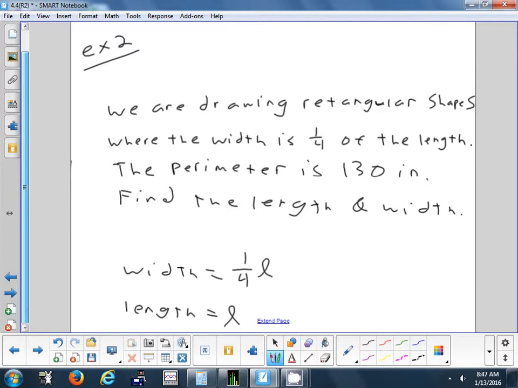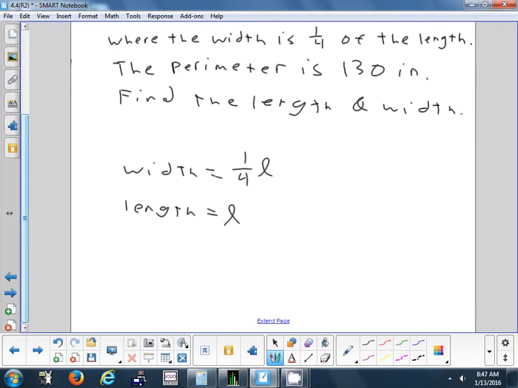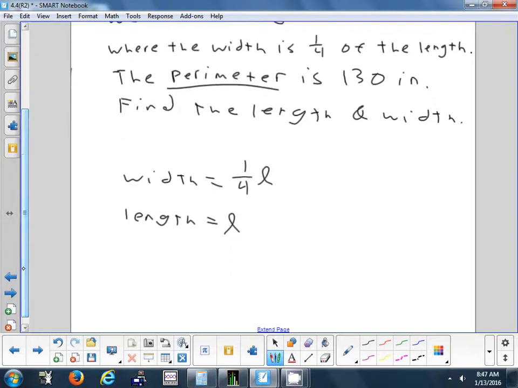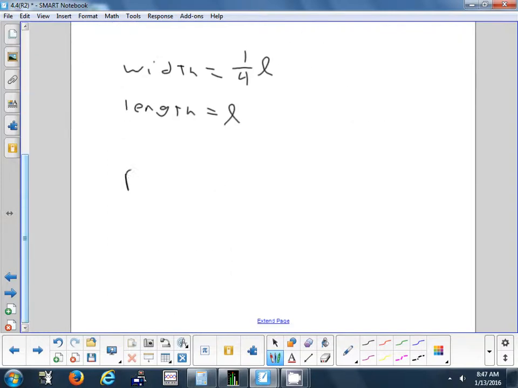All right, next step, I need the formula that has to do with the perimeter. I have a rectangle. Can somebody remind me what that formula is again? P equals, oh, yep, Sabrina? 2L plus 2W.